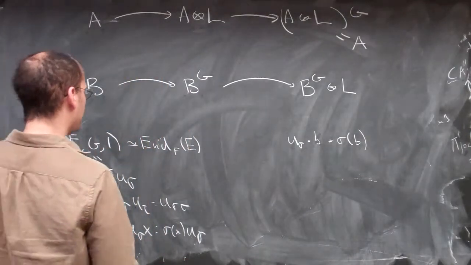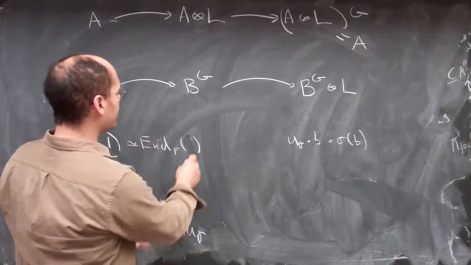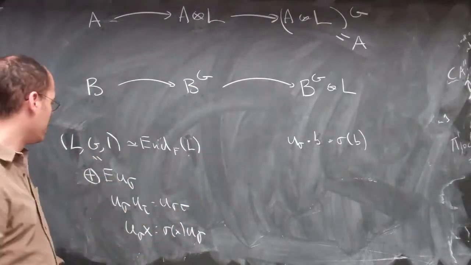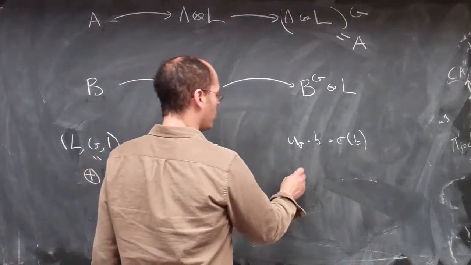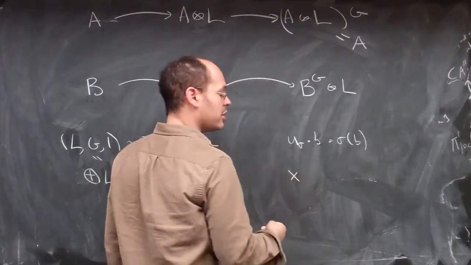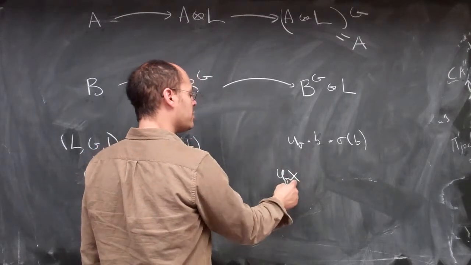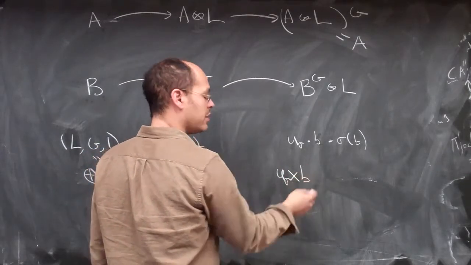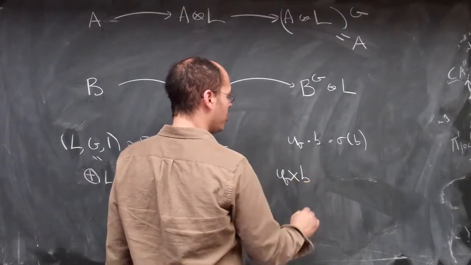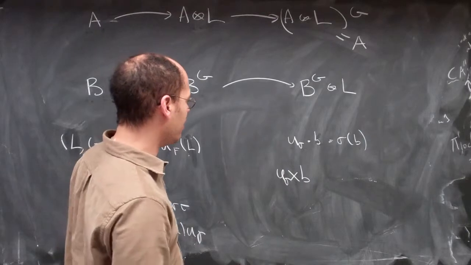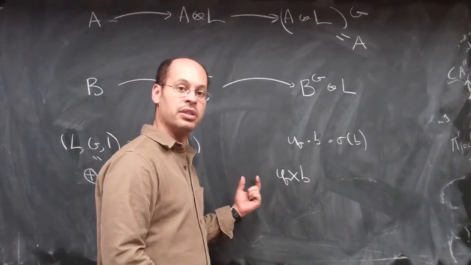The trick, though, is that what I also have here is scalar multiplication by L. If you consider how scalar multiplication by L works, then if I do scalar multiplication by some x in L times some vector b, and then I act by sigma, what I don't get is that U sigma acts by a linear map so that x commutes past U sigma.